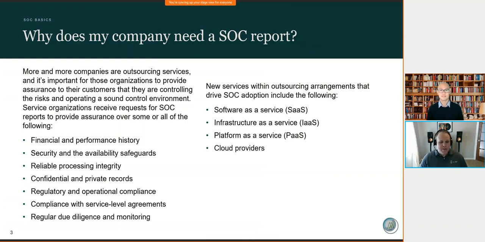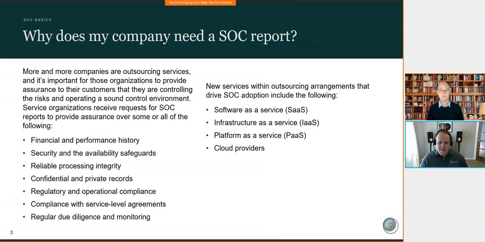Service organizations receive requests for SOC reports to provide assurance over some or all of the following: financial and performance history, security and availability safeguards, reliable processing integrity, confidential and private records, regulatory and operational compliance, compliance with service level agreements, and finally, regular due diligence and monitoring.